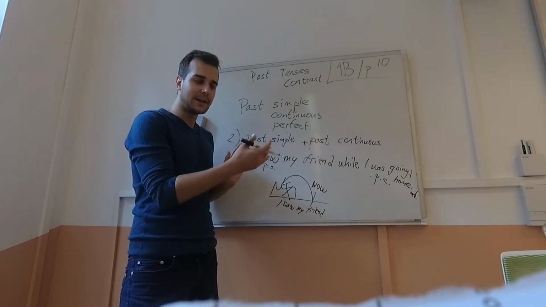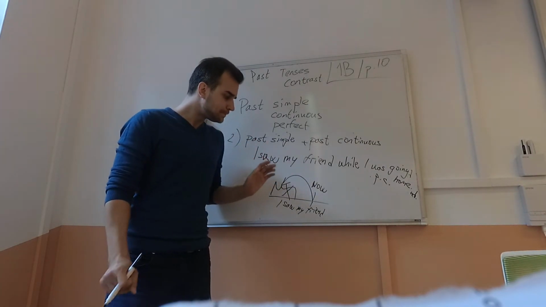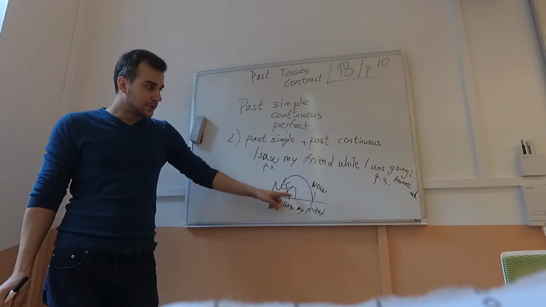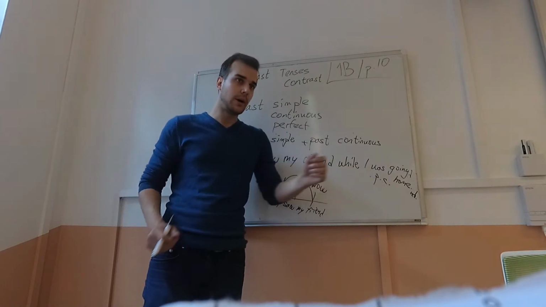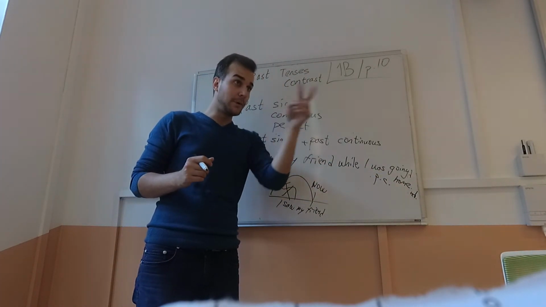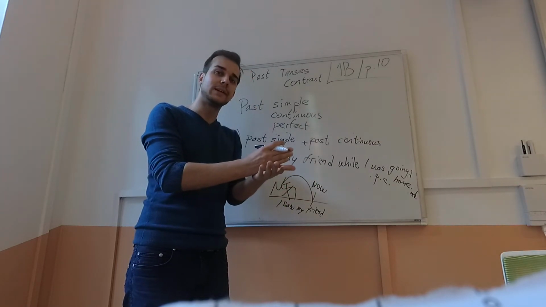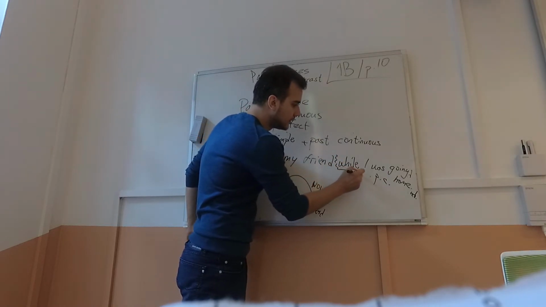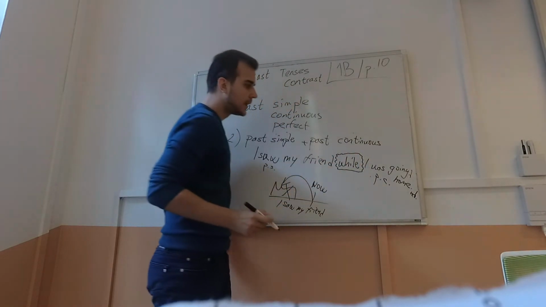There is no effect on the current situation. And I know that something was happening for a long time. I was going home. I was in the process of going home, and then I saw my friend. It just happened very quickly. And it happened while I was going home.